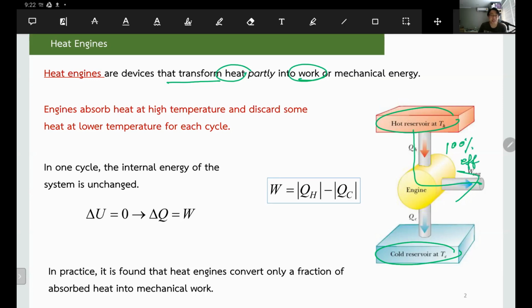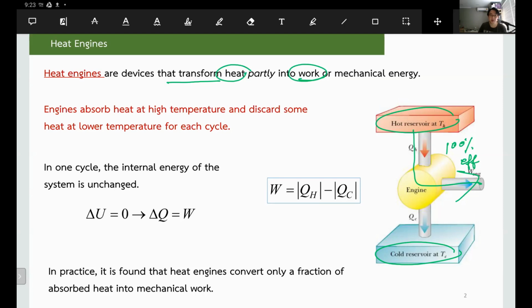So it means you could steal the energy that's lying around in this world or this universe. But of course, nature is not going to be so kind to us. We cannot do that. You are not allowed to have a 100% efficient heat engine. You cannot take the energy in nature and turn it into useful work perfectly.